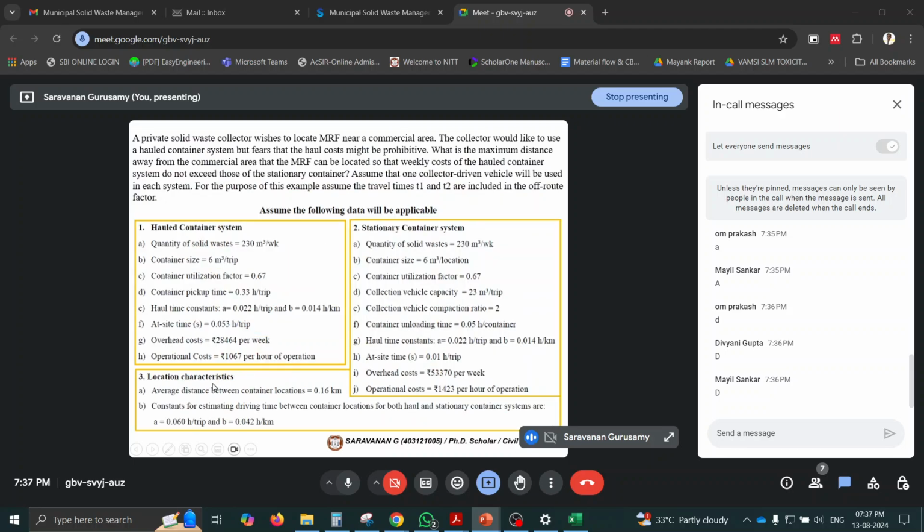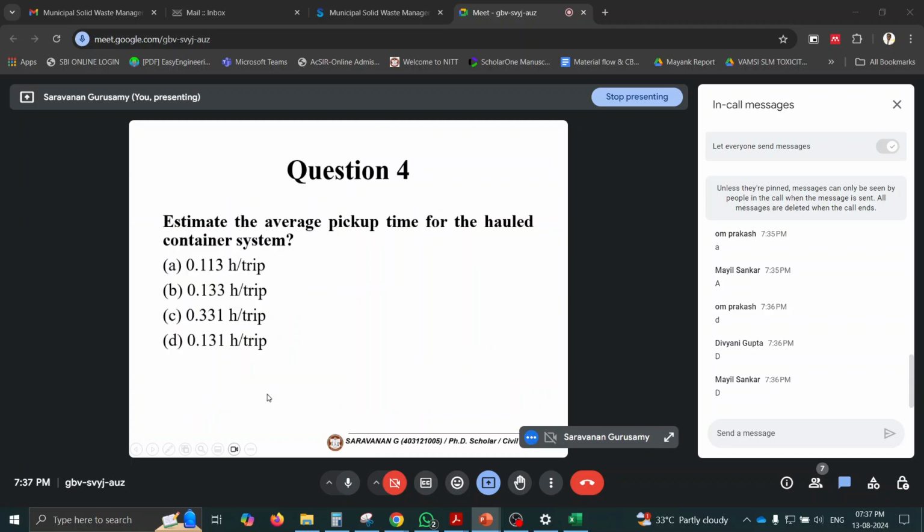The following 7 questions are based on this given data only. It gives haul container and stationary container data and location characteristics. They are asking to estimate the average pickup time for the haul container system. Can you tell the formula for pickup time?